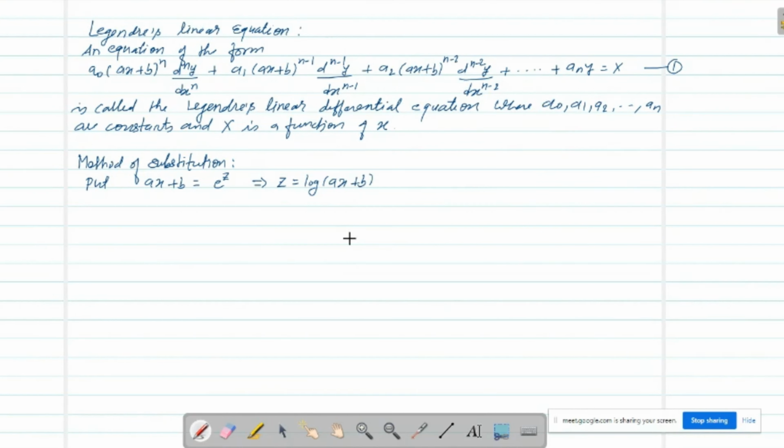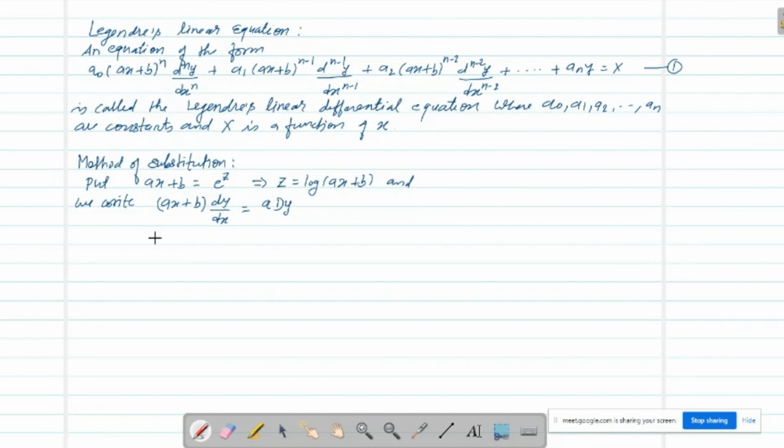And we write (ax plus b) dy by dx equal to a Dy. So here we write same as in Cauchy homogeneous linear differential equation, but here the constant a is multiplied with x, so that's why we're writing here a.